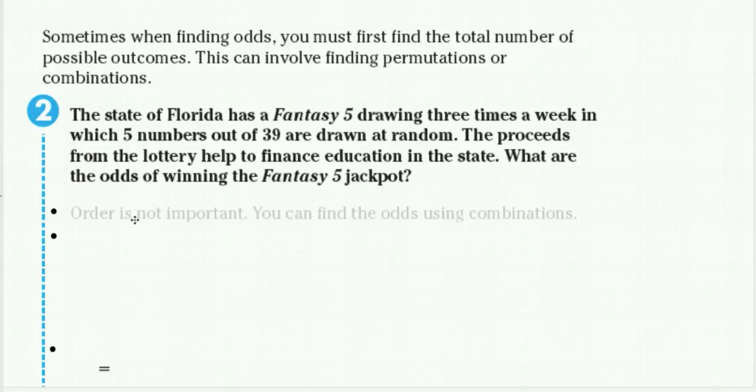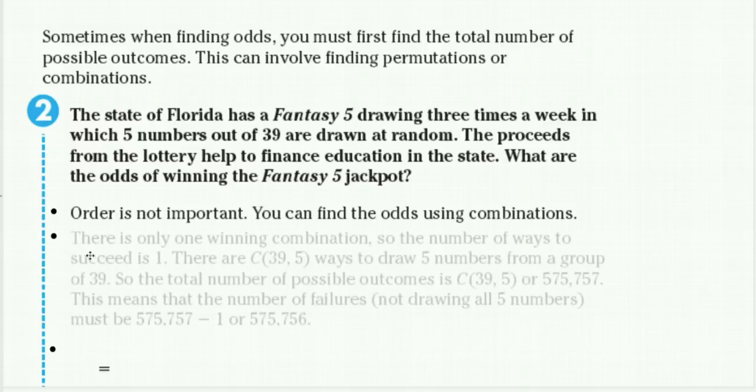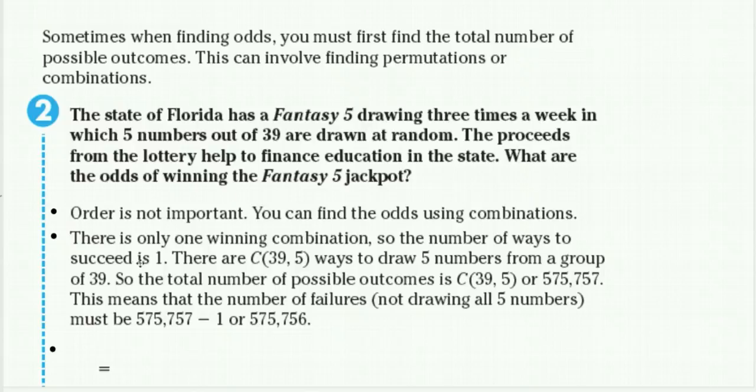So order is not important. You can find the odds using combinations, and we use the combination formula to find the total possible number of outcomes. There's only one winning combination, so the number of ways to succeed is 1.